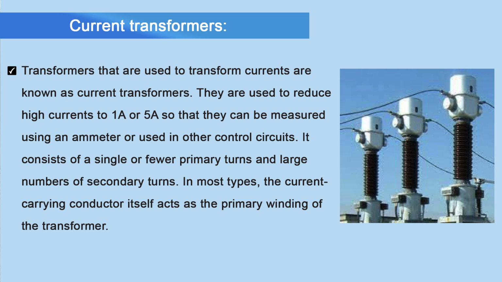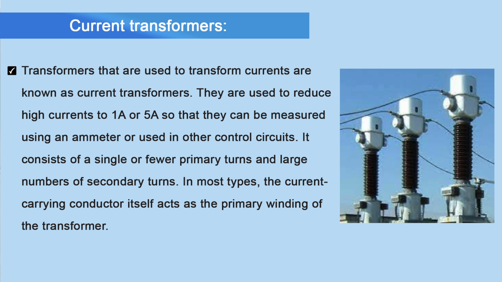It consists of a single or few primary turns and a large number of secondary turns. In this case the primary turns are low and the secondary turns are high, or in large number. In most types, the current carrying conductor itself acts as the primary winding of the transformer.